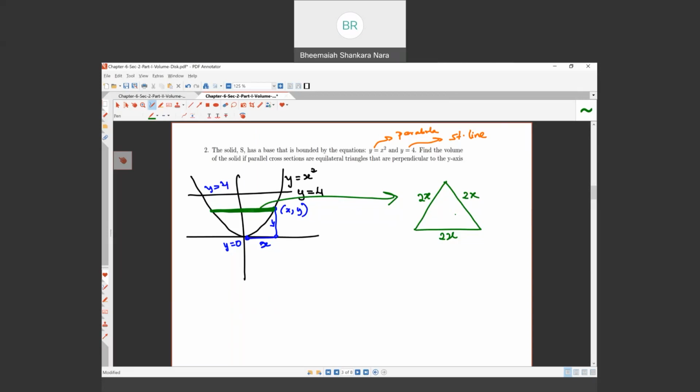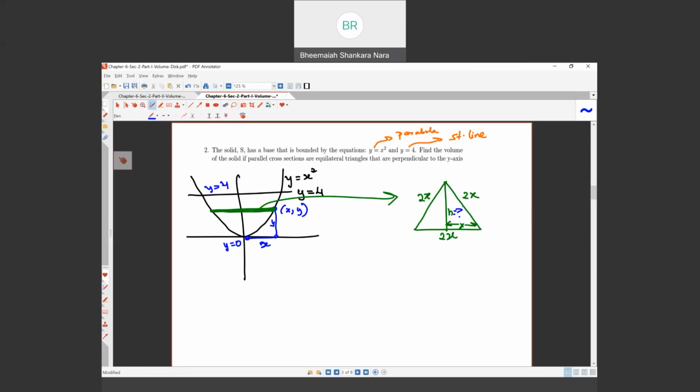And then the height will be... I'm sorry, the height is the unknown. This distance, half of the base distance, will be x. Height is still unknown. You're going to find it shortly.